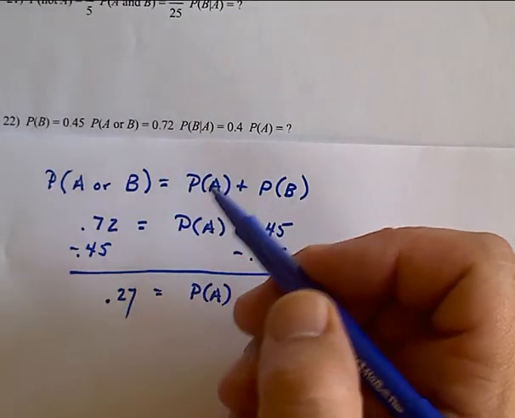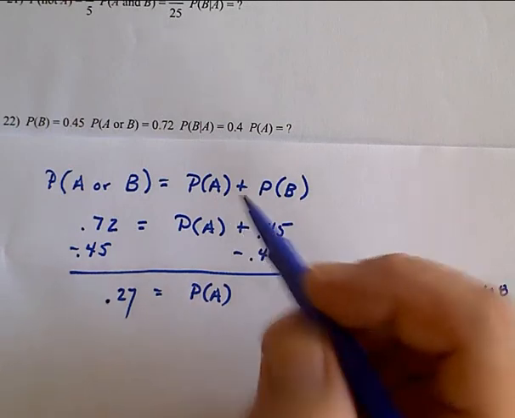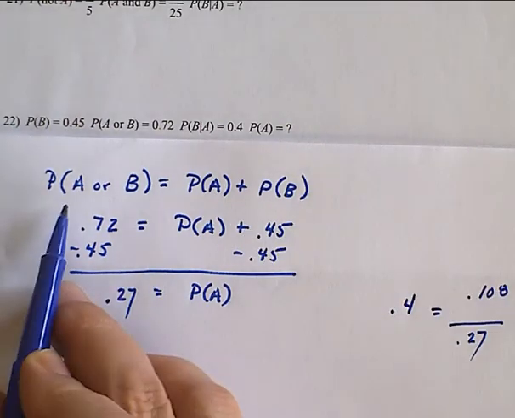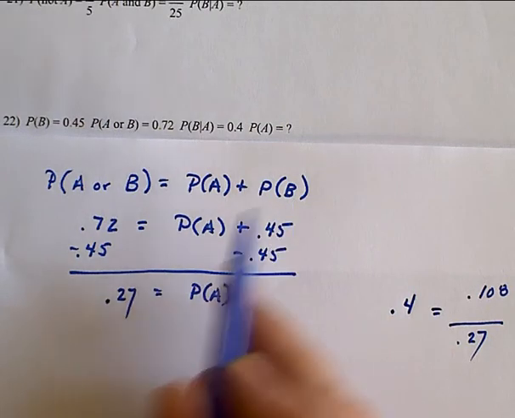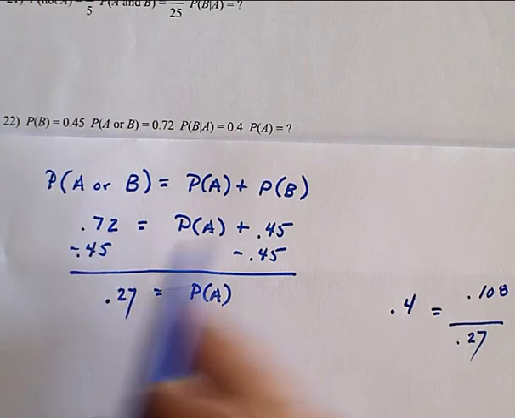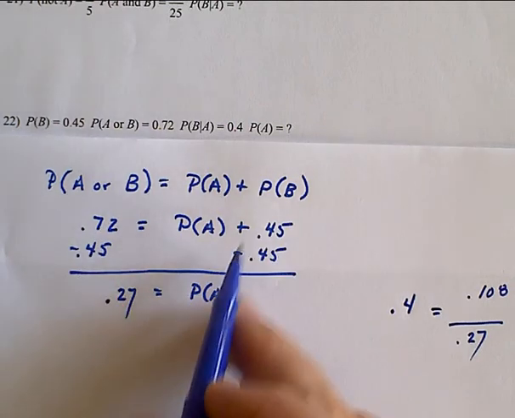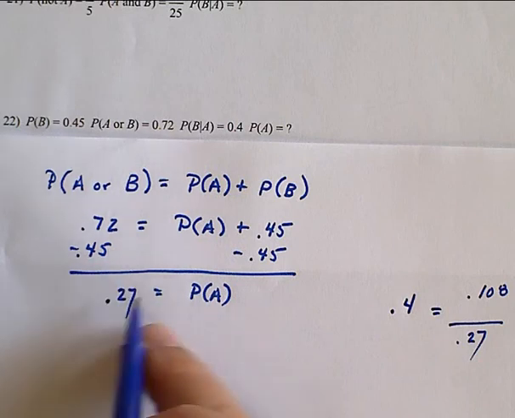I know it should probably be considered, but I'm not sure what their intent is. So here's what I did. A or B equals probability of A plus B. They gave us the A or B is 0.72. B is 0.45. I subtracted that over, and I got the probability of A to be 0.27.